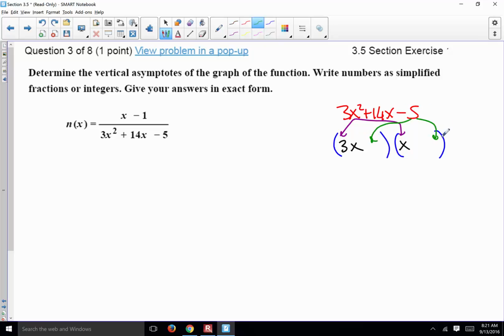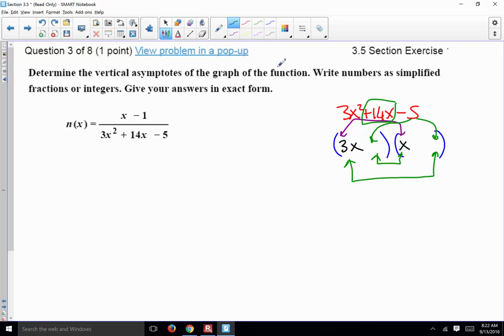However, you're going to break it in such a way that when you multiply the outside terms and inside terms and add those, it needs to make 14x. And you said, Courtney?